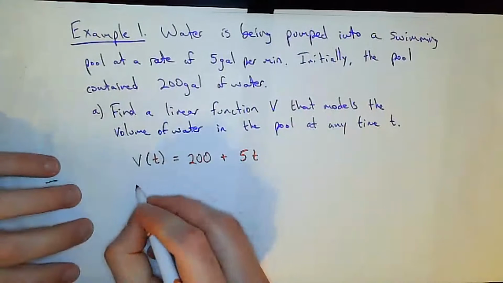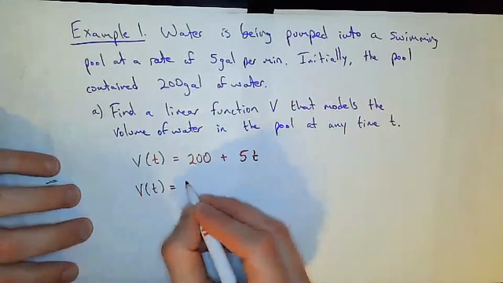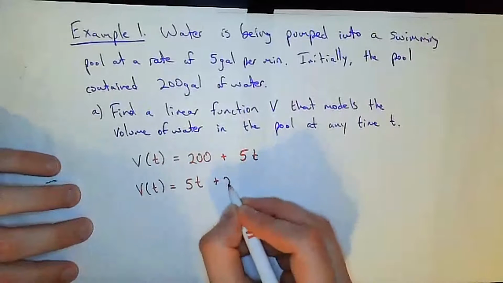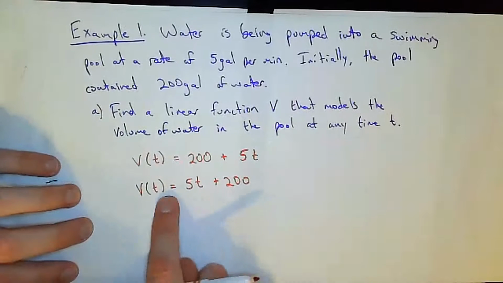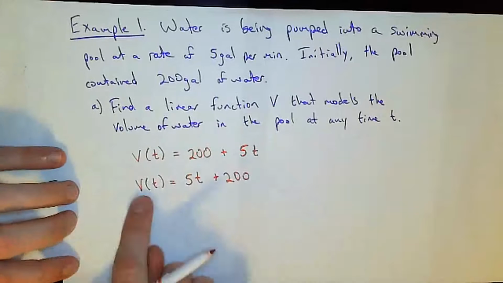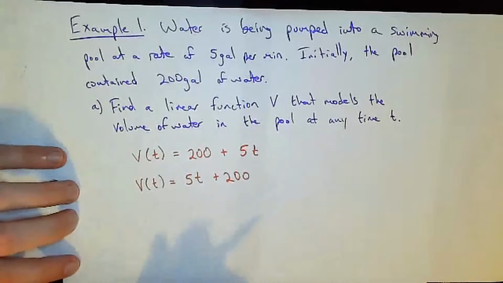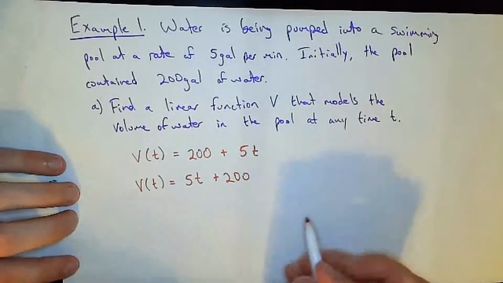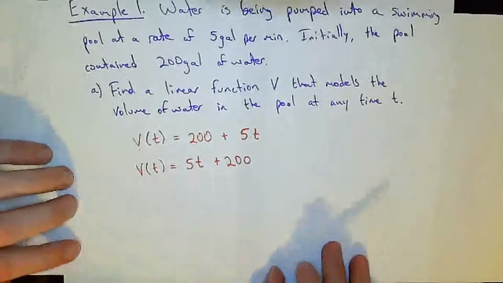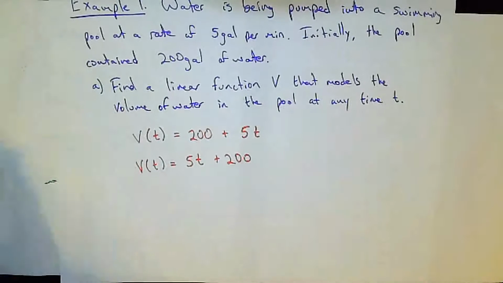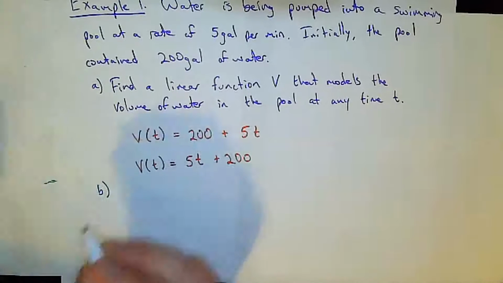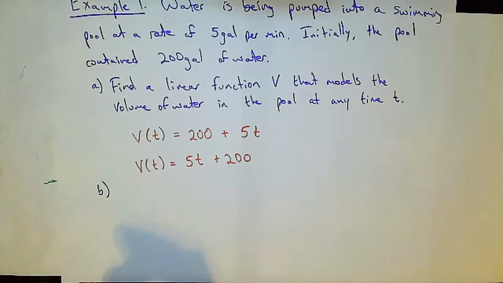Now, we tend to put the term that has the rate attached up front, so this might be a more comfortable way of writing it. My rate of change is 5 and my initial value is 200. Part B says, what does it say?